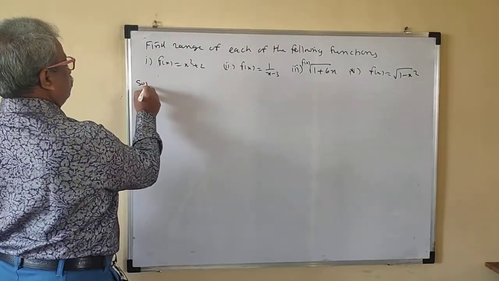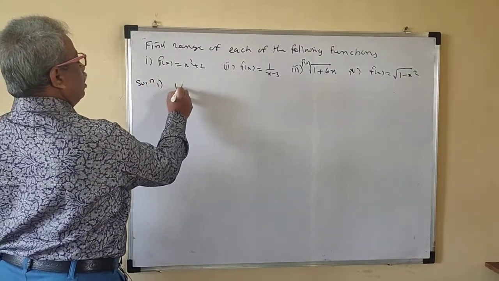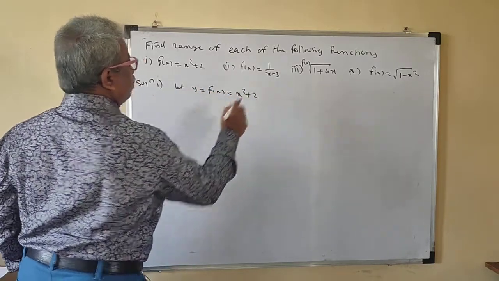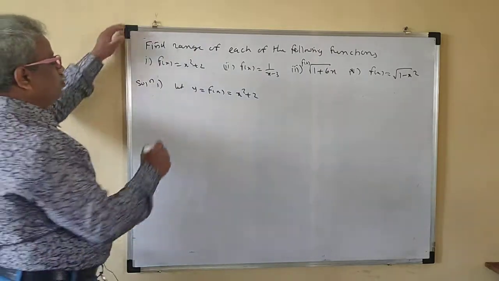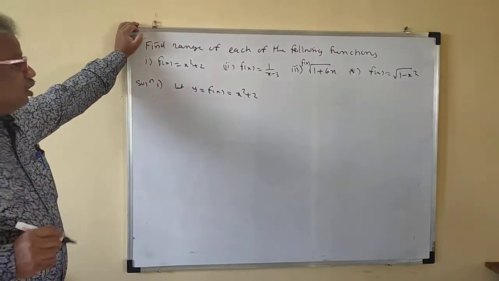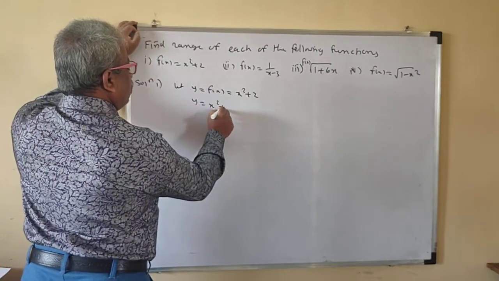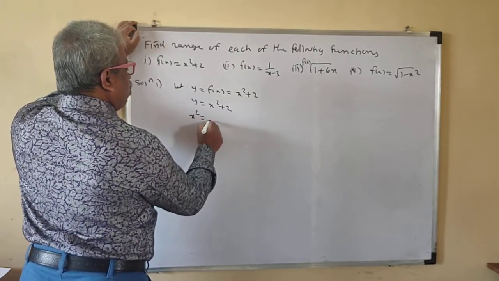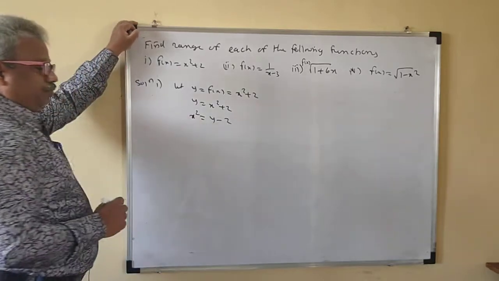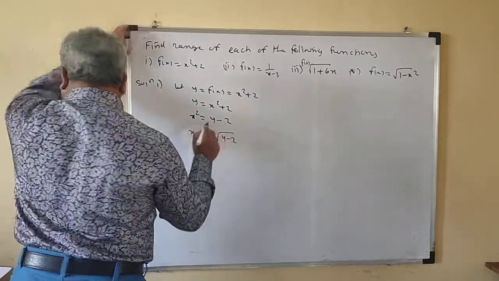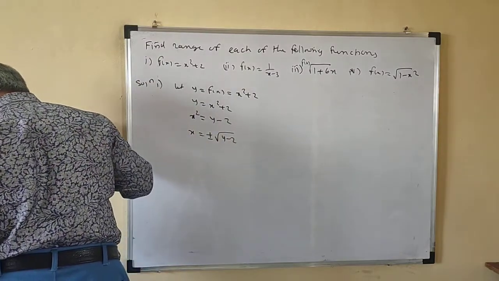Solution of 1. Let y is equal to f of x is equal to x square plus 2. Now we have to solve this for x. So y is equal to x square plus 2, therefore x square is equal to y minus 2. So x is equal to plus or minus root of y minus 2.